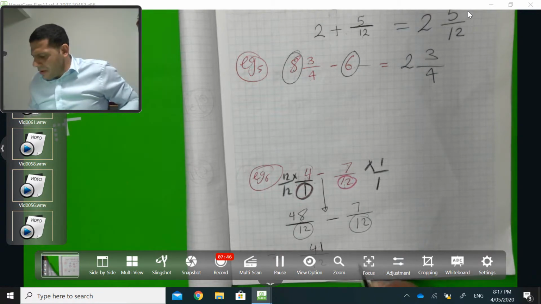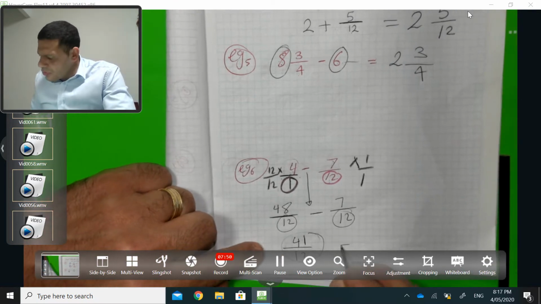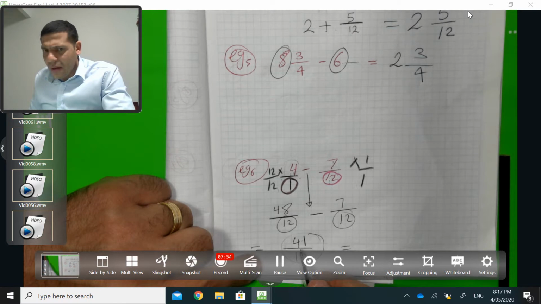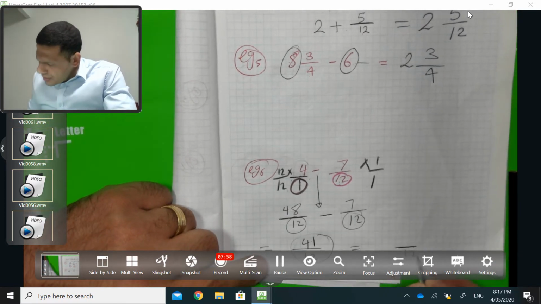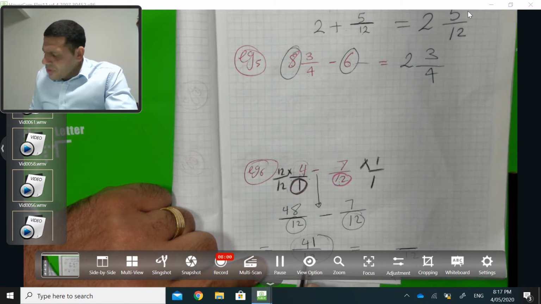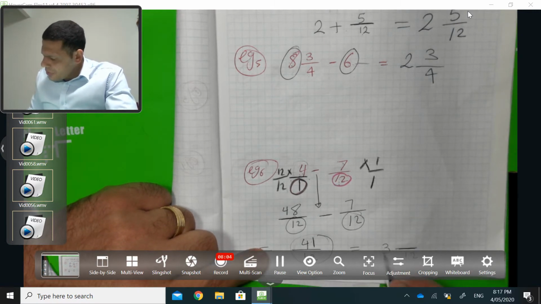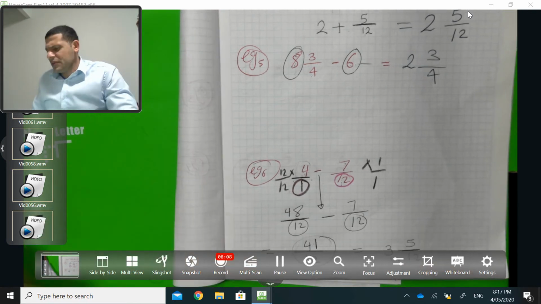Last step, you can change it into a mixed number, because this is an improper fraction. How? You keep 12 as it is, and 41 divided by 12 is 3, because 3 times 12 is 36, and the remainder is 5.